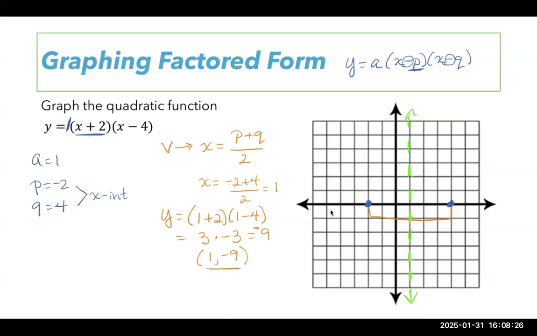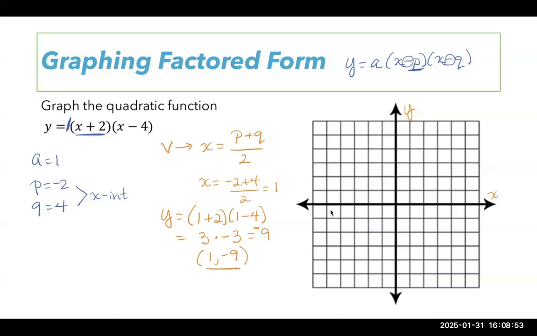Now again, notice here a negative 9 is not going to fit on my graph if I stay with a scale of 1. So I will adjust my scale. Okay, so we're going to erase that and we'll adjust the scale. So here's our X, here's our Y, and I'm going to go by 2.